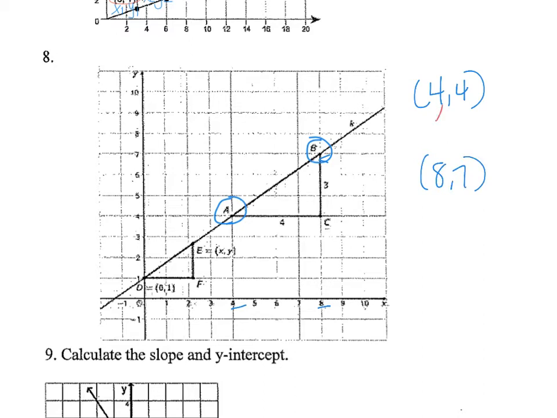Okay, so when we label these, they're X and Y. These can be the 1s because I wrote them down first. And then plug into that formula. So Y2 minus Y1 over X2 minus X1. So 7 minus 4 is 3. 8 minus 4 is 4.